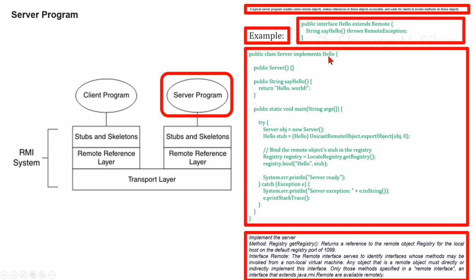The server's main method does the following: create and export a remote object, and register the remote object with an RMI registry.